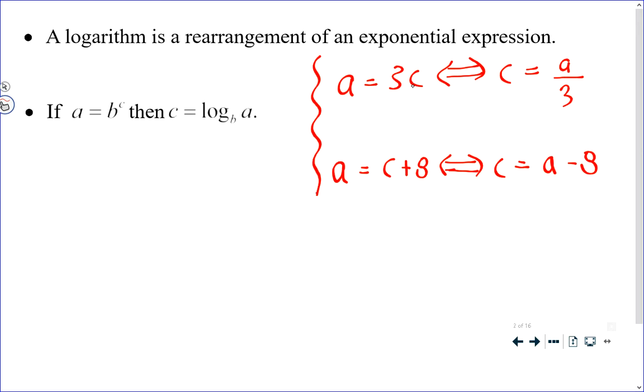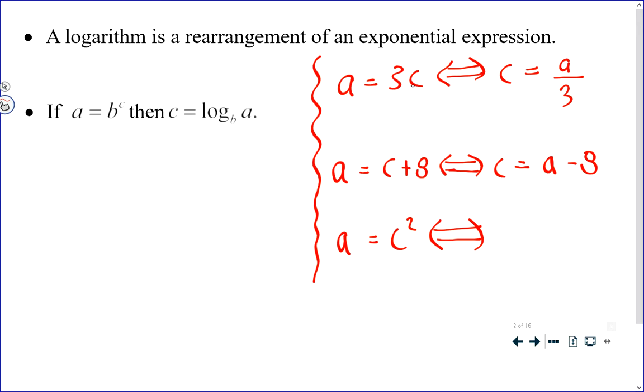Now imagine that you are in, maybe grade 4, and your teacher all of a sudden says a equals c squared, and she asks you, what would c be equal to? Well, this concept of undoing multiplication by dividing, you would know at that level. And this concept of undoing addition by subtracting, you would know.